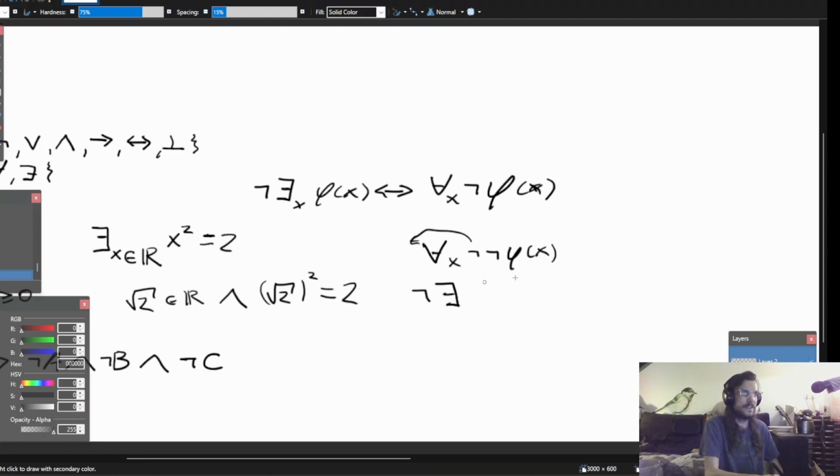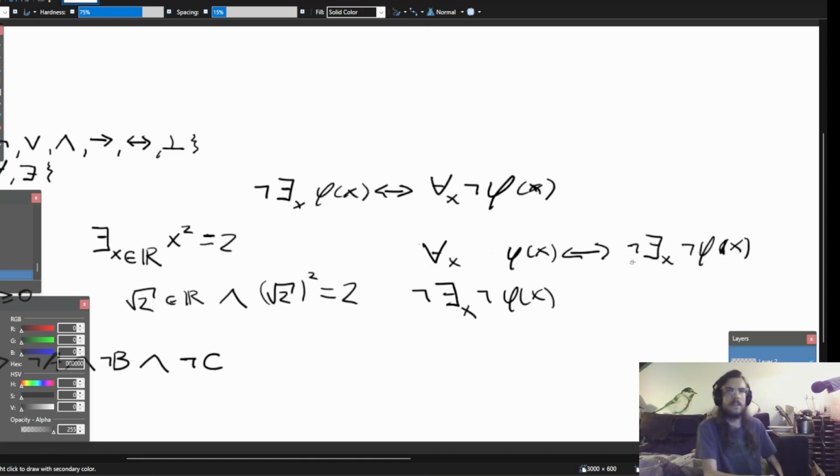So not there exists x, not phi of x. And then we can remove these two here again. So for all x, phi of x is the same as not there exists x, not phi of x. And this is sort of De Morgan's law applied to quantors.